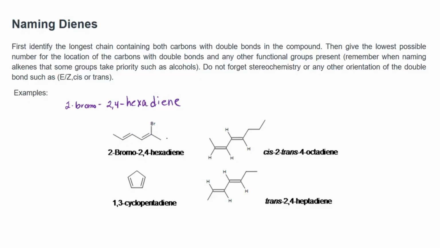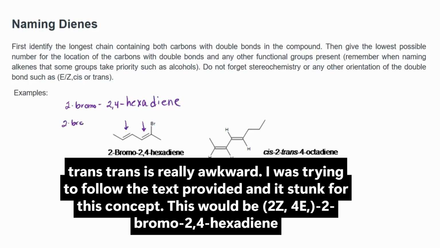Now we can also indicate the stereochemistry around these double bonds, and that would be a really good idea. For this example here, we have both 2 and 4 trans. So we would call this 2-bromo-trans-2-trans-4-hexadiene.